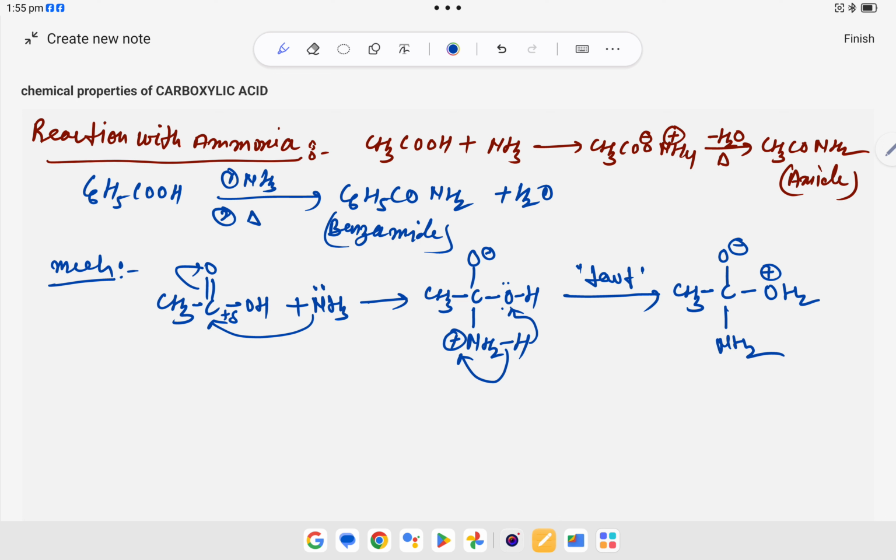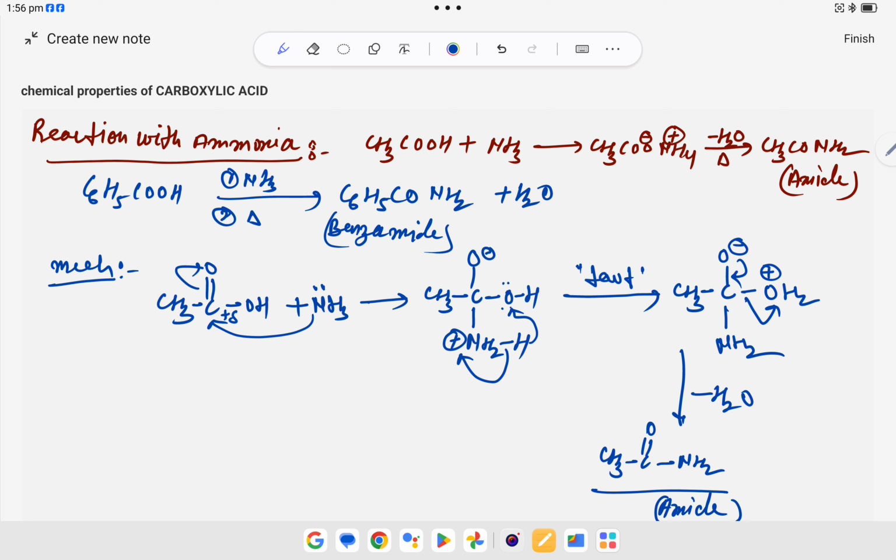Now you are very close to your product. Simply you have to remove water, it will take electron, and these electrons shifted into the double bond, CH3 C double bond O NH2, your product amide is formed.